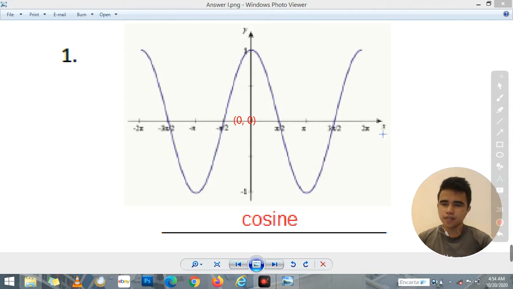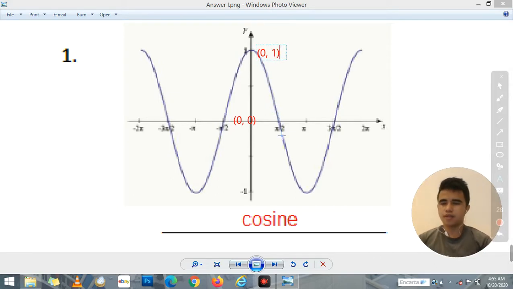If we set our x coordinate to 0 and we consider a sine function, sine 0 will give us a value of our y coordinate equal to 0, which does not coincide with our curve, which passes through the coordinate 0, 1.